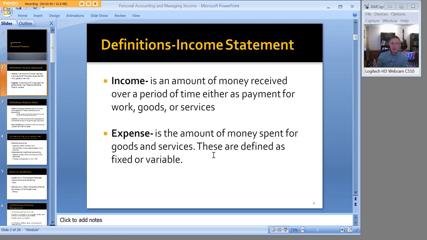Those are fixed amounts that come out every month, and you plan for them to be the same every month. An example of a variable expense for most of us might be food or an electricity bill, where some months you use more electricity than others. Once you take your income and subtract your expenses, the money that's left over would be your net income or surplus that you save.